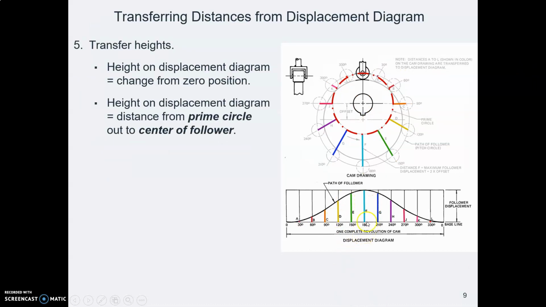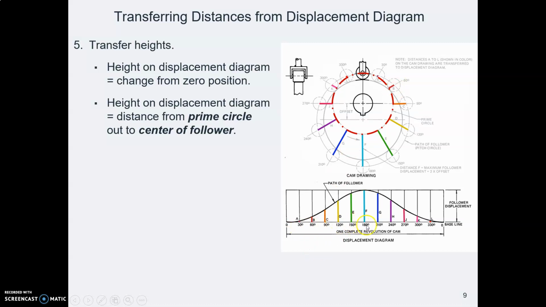And for those of you who can see color, I have color-coded these lines, these heights from this displacement diagram. So for example, at 60 degrees, there's that height. It's a little short height at B at 60 degrees. That's how far out away from the prime circle the follower is there.